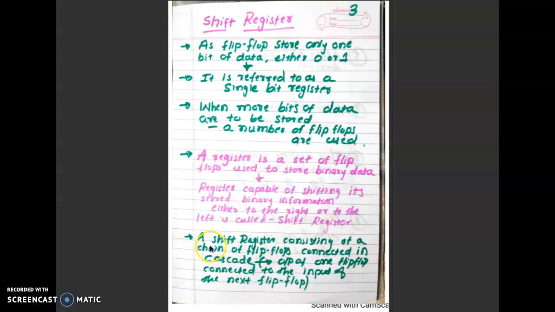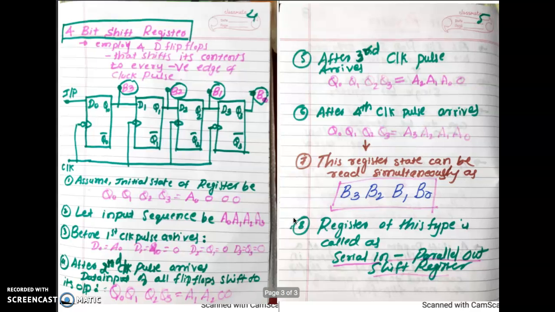Finally, we can say a shift register consists of a chain of flip-flops connected in cascade. Cascade means series, so the output of one flip-flop is connected to the input of the next flip-flop.